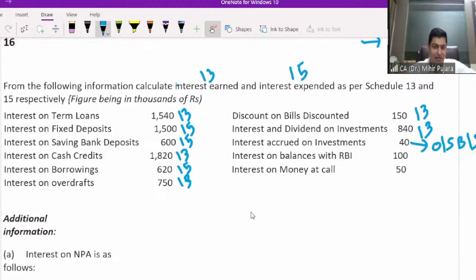Adjustments are below this. Interest on balance with RBI.